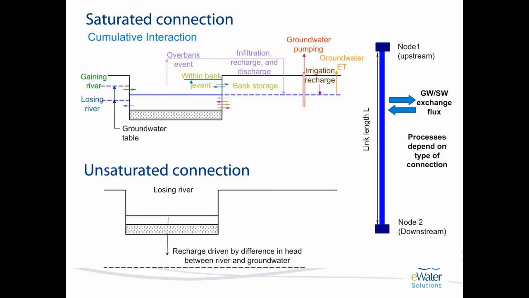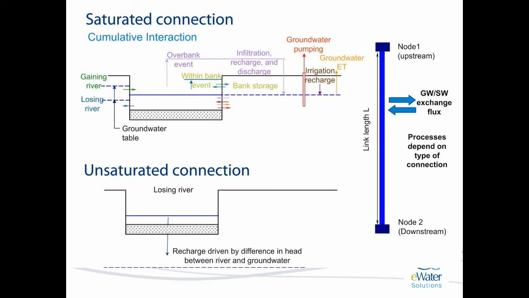You can have gaining or losing water from general low flow, and overbank events, where you can specify an overbank feature and it calculates occasionally, when the water level is exceeded, how much water will infiltrate through that overbank feature. These are all accumulated together to calculate an overall flux.